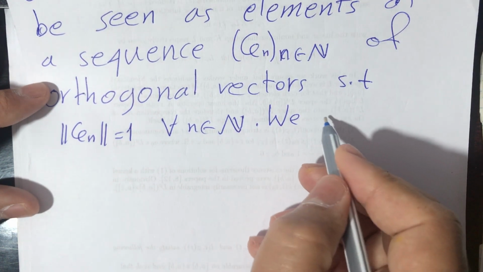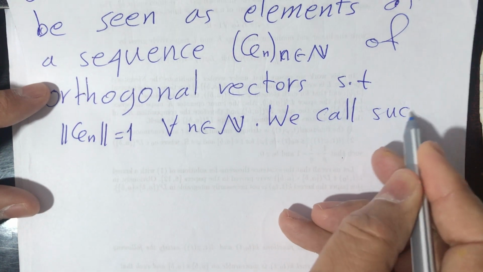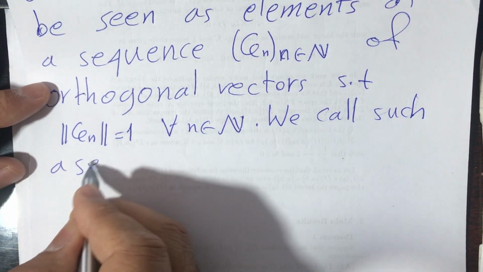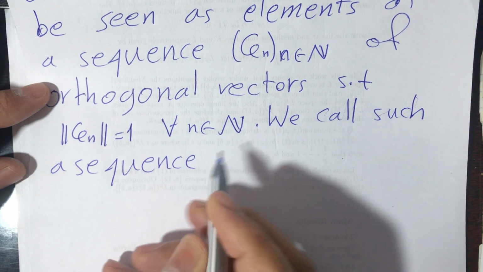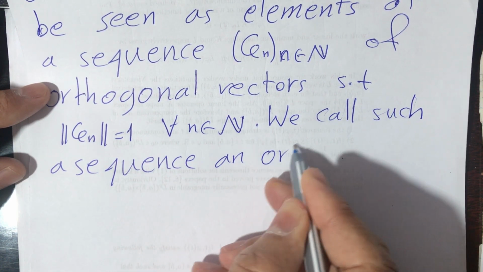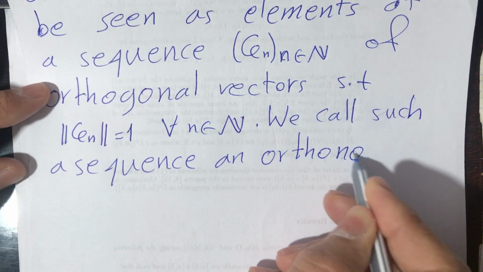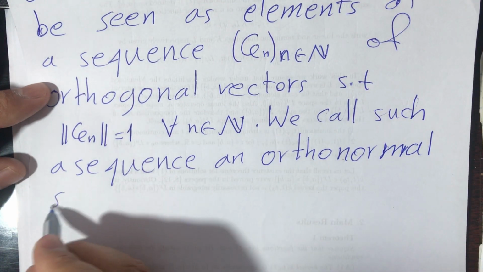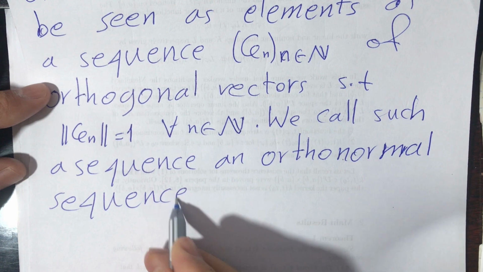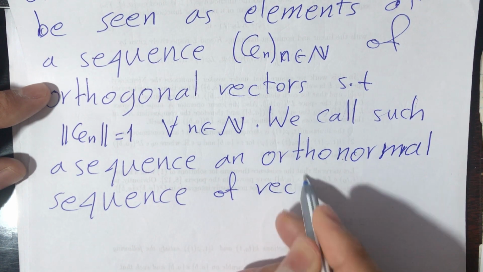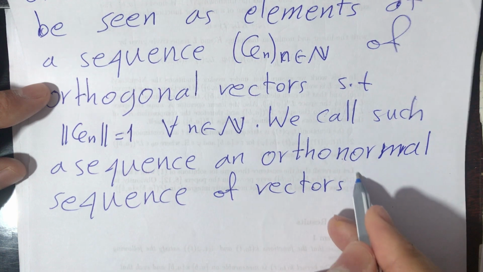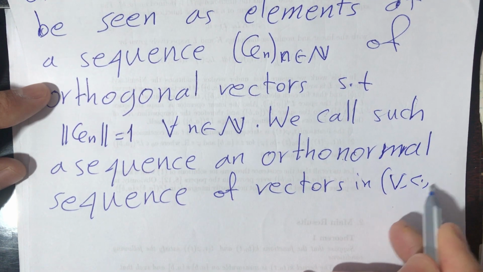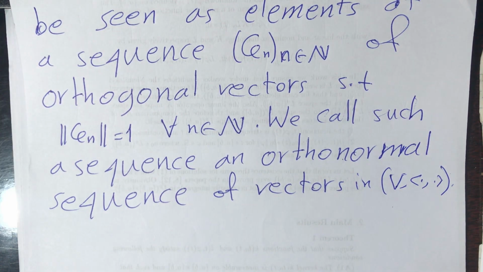We call such a sequence an orthonormal sequence of vectors in the inner product space V. Now we take this theorem.